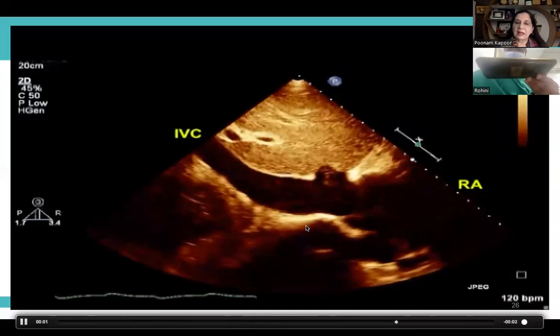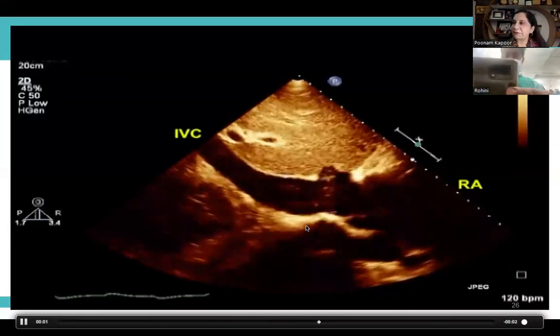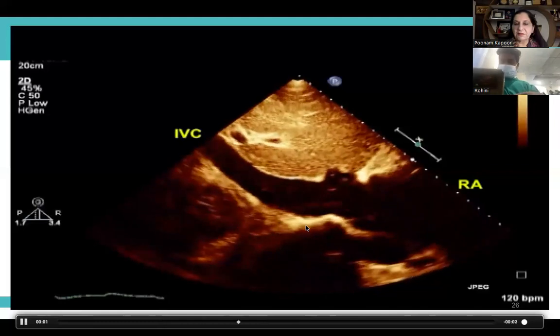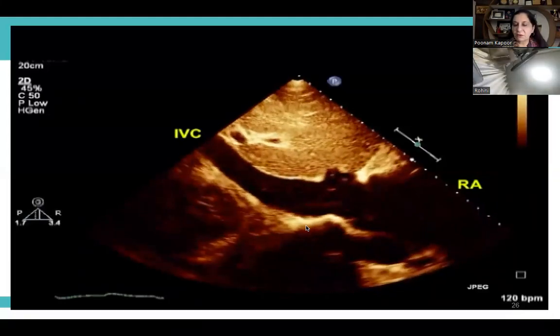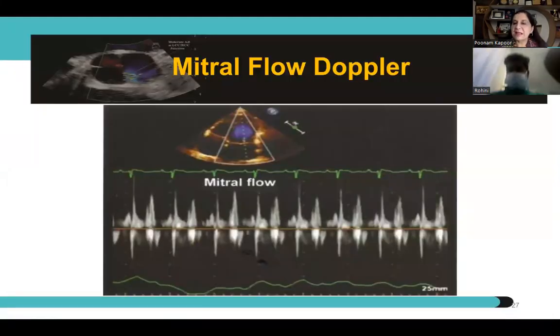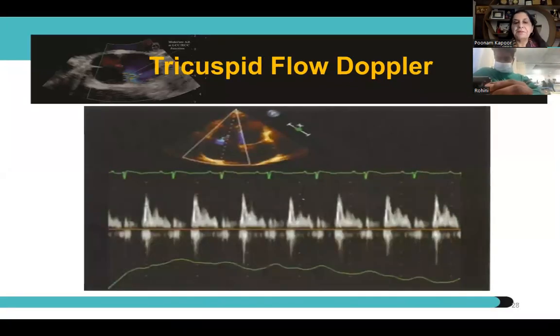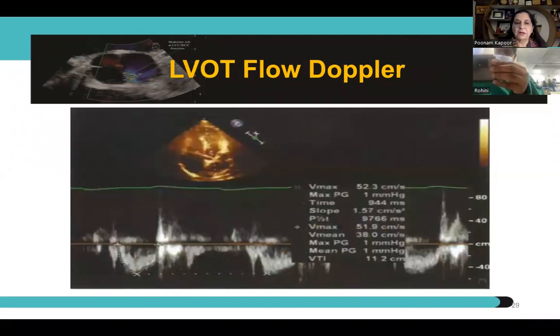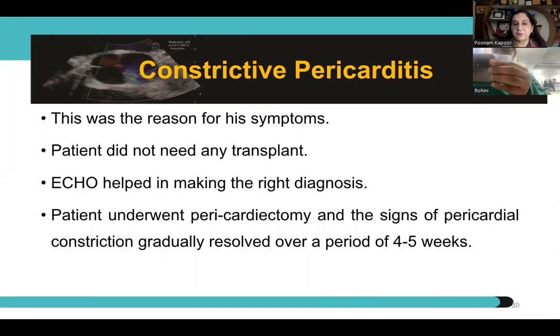This showed the same reversal of the hepatic venous flow, as it is called, and that's why these patients present with mitral inflow peak velocities being very high. The tricuspid flow Doppler also shows increased E prime velocities. LVOT flow Doppler shows a gradient of around 1 only, but the VTI is about 11.2. Everything seems to be decreased.